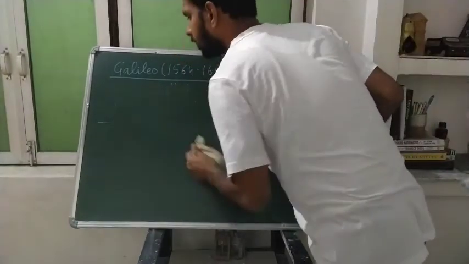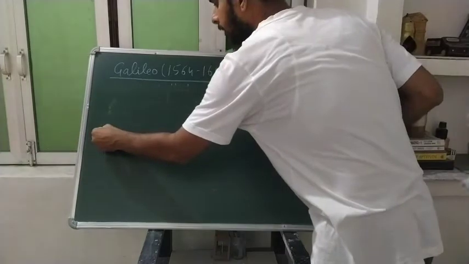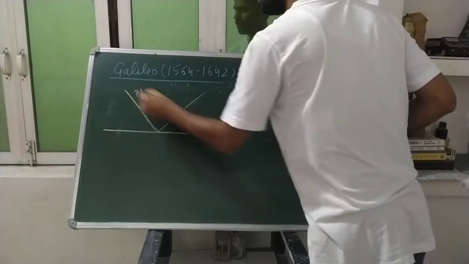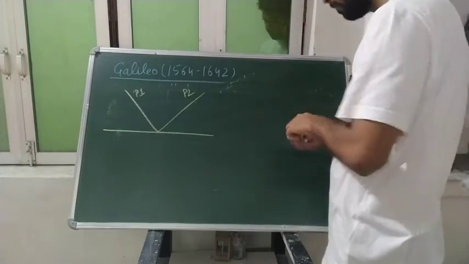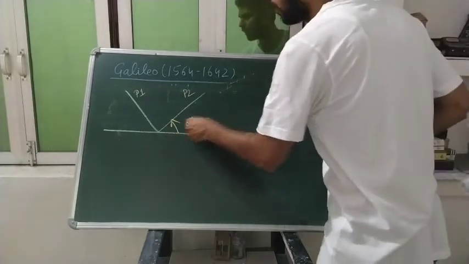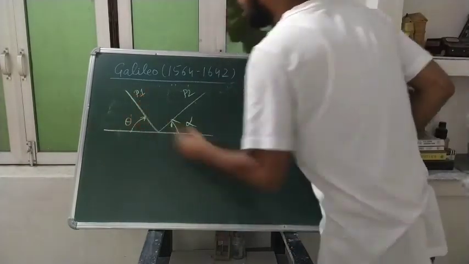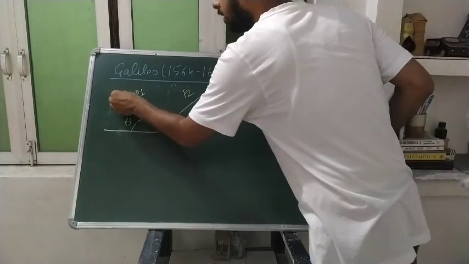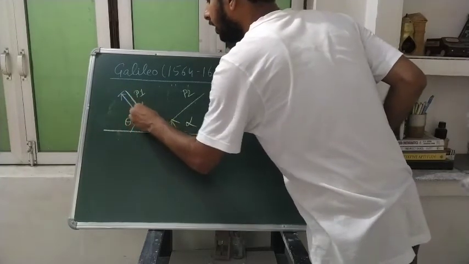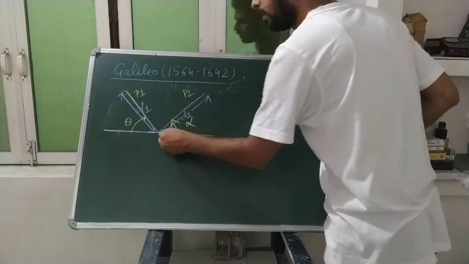From this, he told that if we are having two inclined planes, this is plane 1, this is plane 2, and it is making an angle in anti-clockwise direction alpha, it is making an angle in clockwise direction theta, and while the body is coming down it covers a distance d1, and while it is moving up it covers a distance d2.